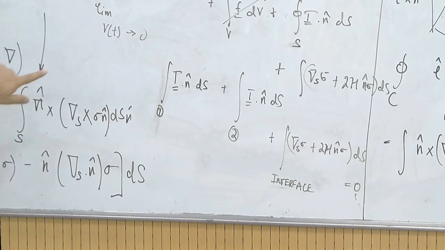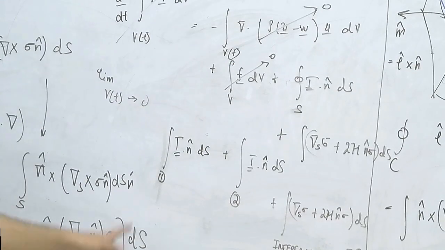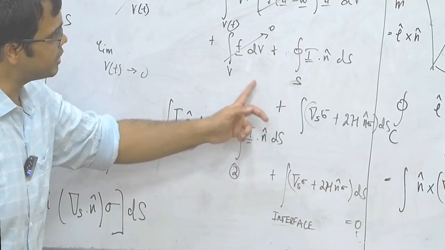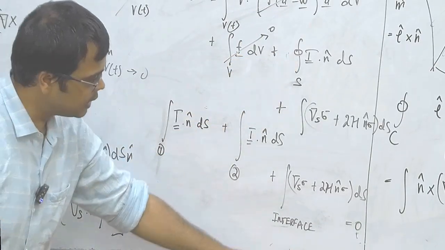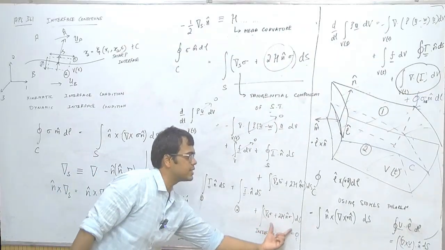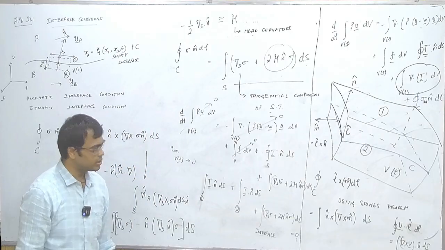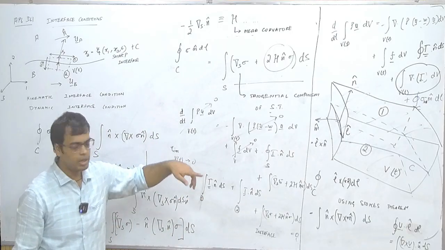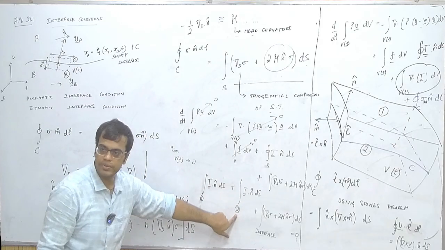In the limit of Vt going to 0, I applied this momentum equation over the control volume. This term is 0, this term is 0, this term is 0. So we get that, and this is where one of you pointed out that isn't this essentially a traction vector? Yes, it is balancing those traction vectors. T dot n is the traction vector on surface 1, T dot n, this is the traction vector on surface 2.